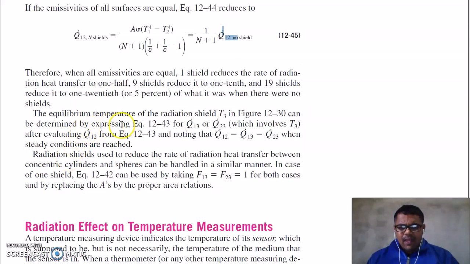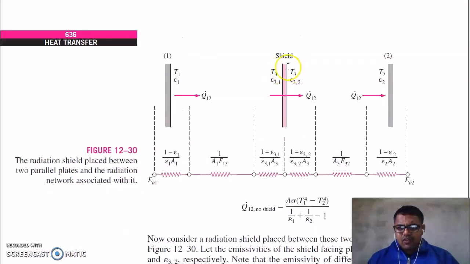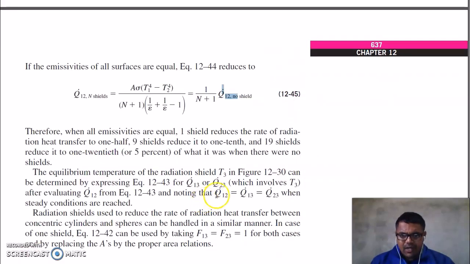The equilibrium temperature of radiation shield T3. Means for this T3 you have to find the temperature of this shield from this relation, that Q12 is equal to Q13 is equal to Q32 when steady conditions are reached. Means first you will find Q12.